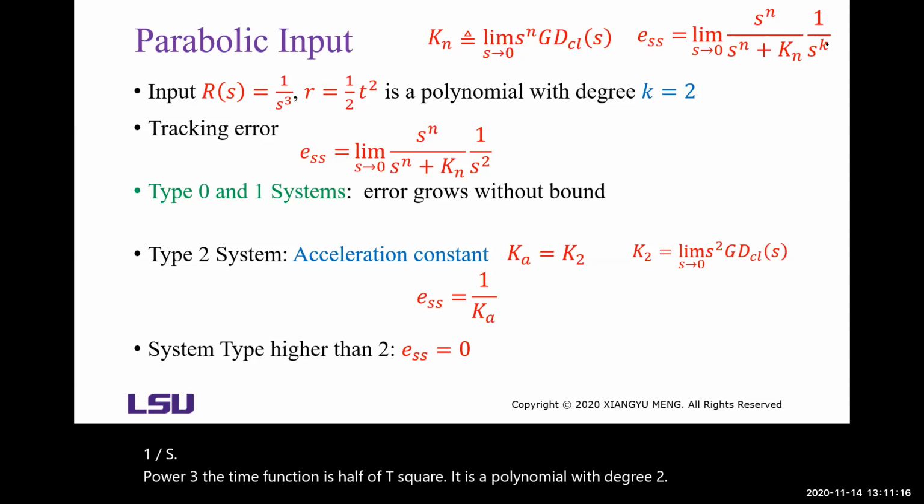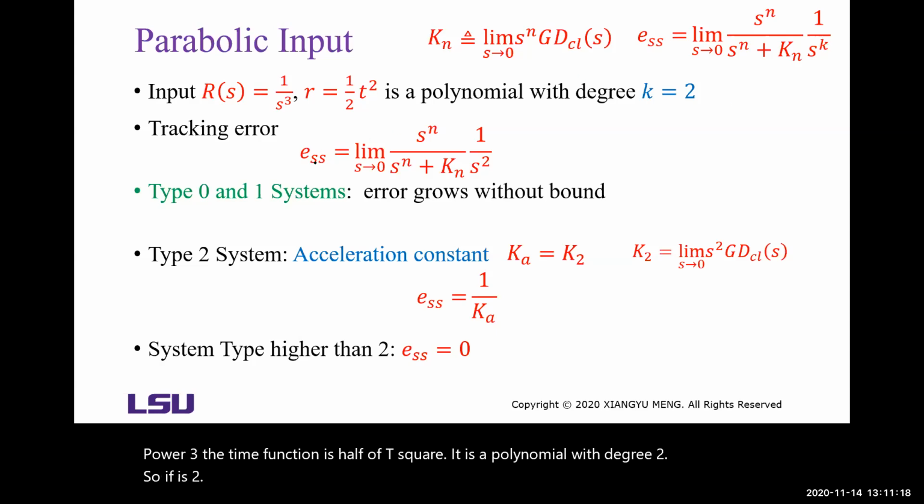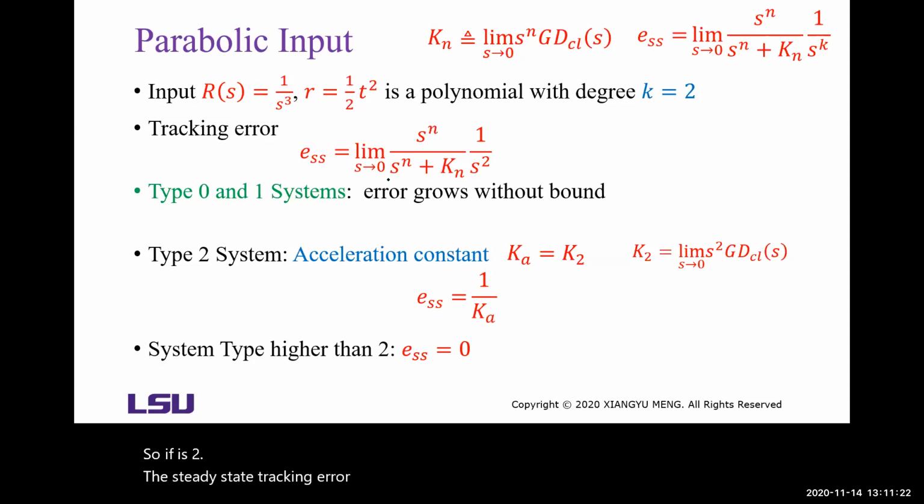So if k is 2, the steady state tracking error is s^n over s^n plus K_n, times 1 over s squared. So for systems type 0 and 1, the steady state tracking error grows without bound.